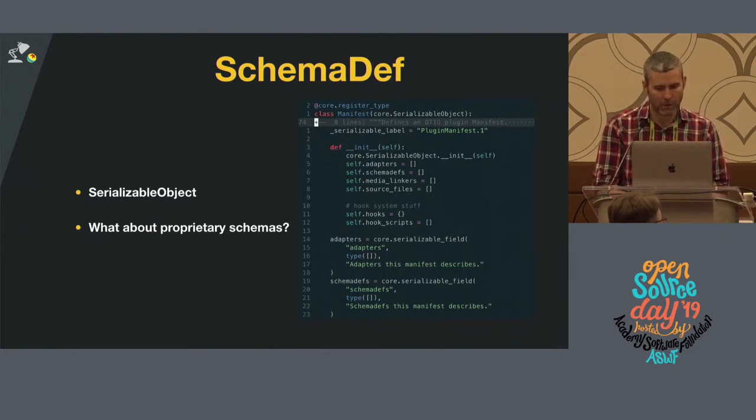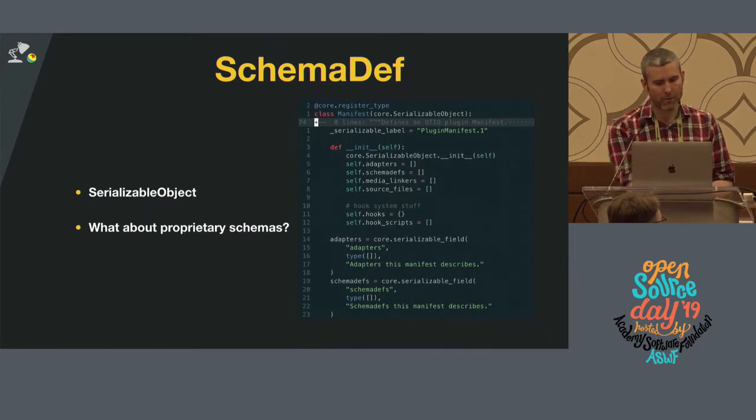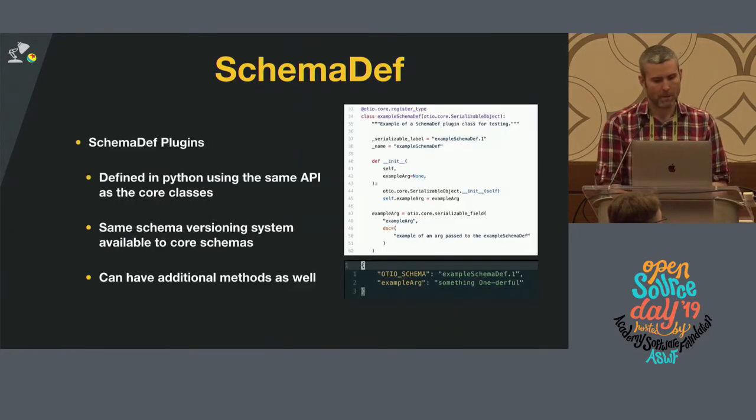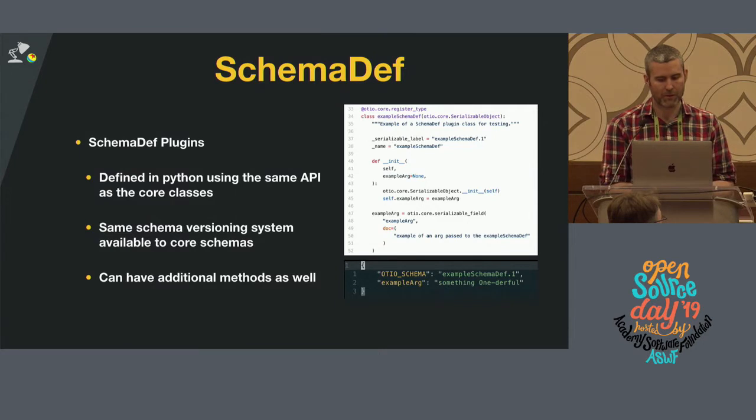Here's the one from the example. Actually, this is just showing the use case of the serializable object, which is how the manifest and plugin system itself is implemented. But the schema-def plugin is defined in Python using the exact same API as the core classes. If you've looked inside the core, you'll see the serializable field, that it inherits from serializable object, and that it uses the type registry.